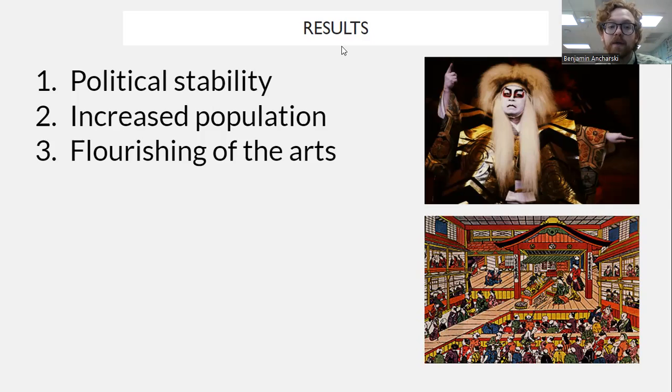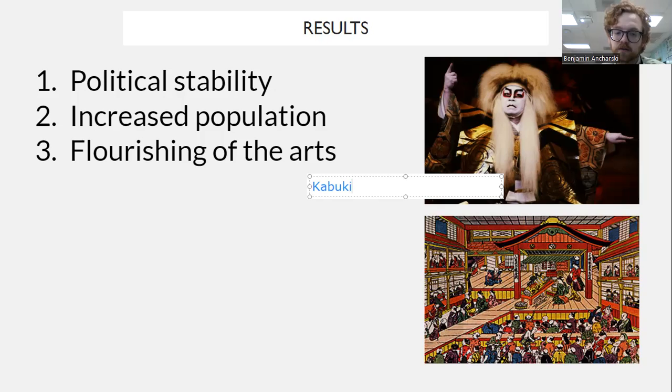The imperial family really don't have any power other than cultural legitimacy. So we do see a flourishing of the arts. We see the development of a type of theater known as kabuki. And kabuki theater is something that still exists in Japan today, but it is going to be developed during this time of cultural and artistic development. All right, so there's that going on in Japan.